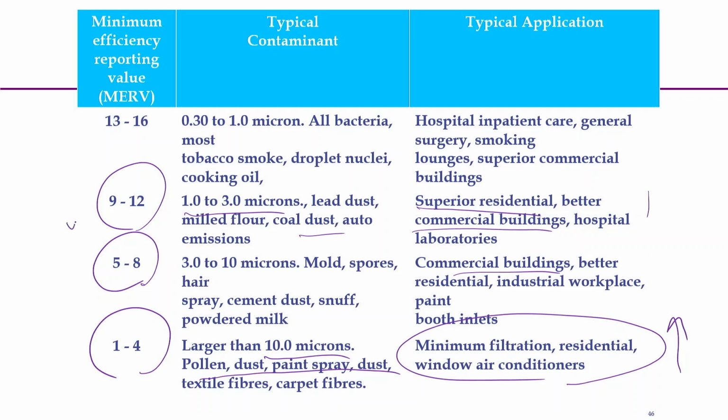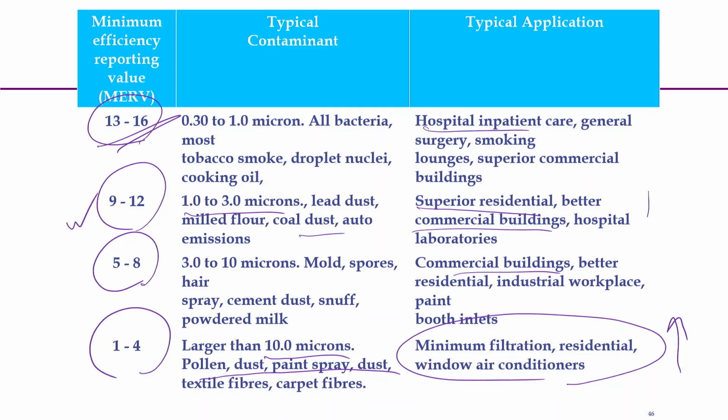So, we use MERV 9 to 12 and MERV 13 to 16, where we want better cleaning from bacteria, tobacco smoke and droplet nuclei.